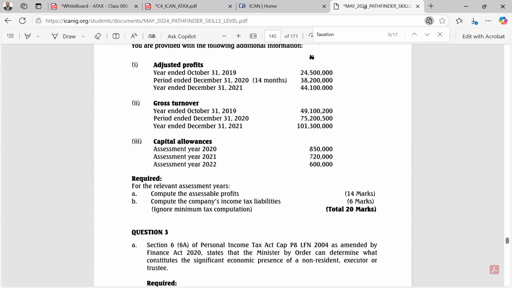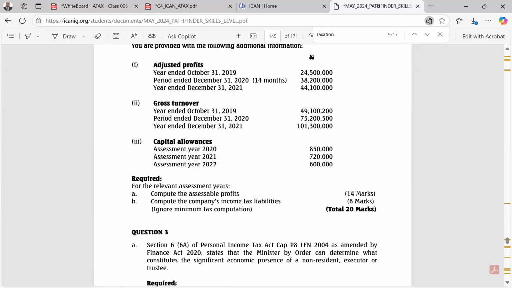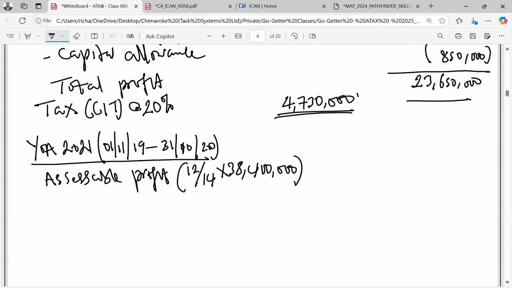We are going to take only 12 months out of these 14 months, 38,200. We are going to say 12 over 14 times 38,200. Please do it on your calculator and give me the figure.